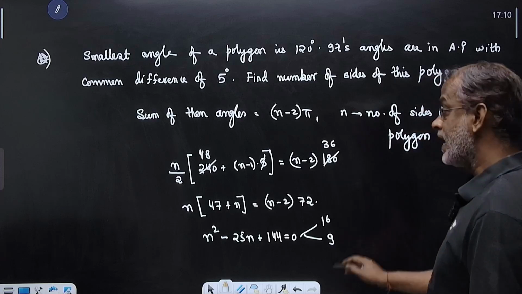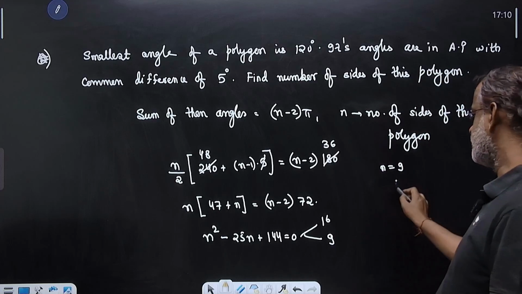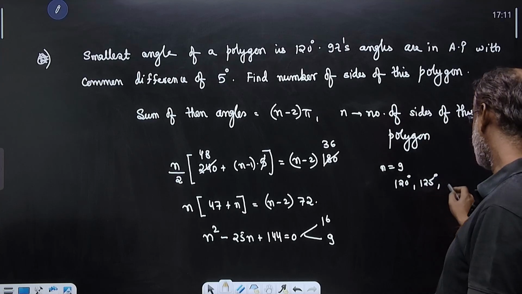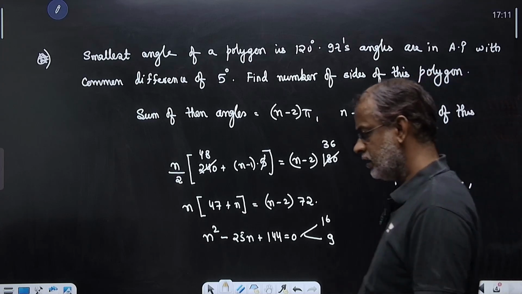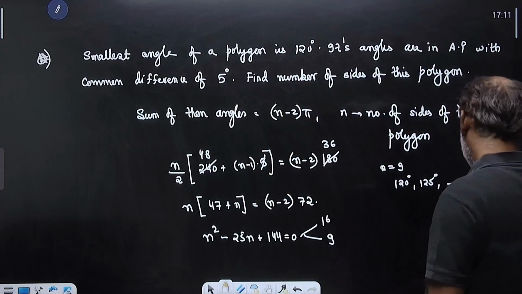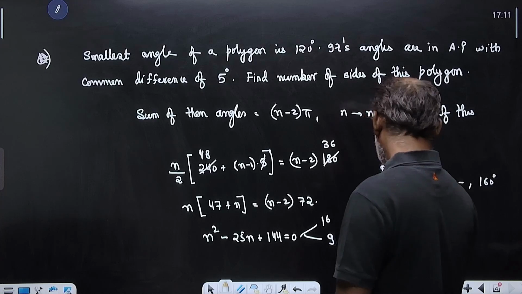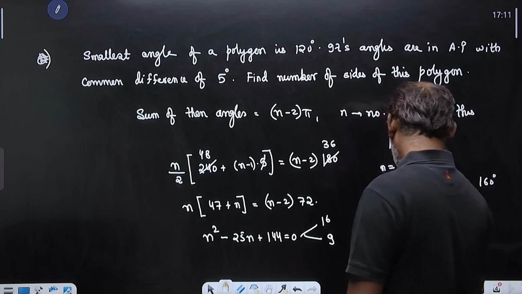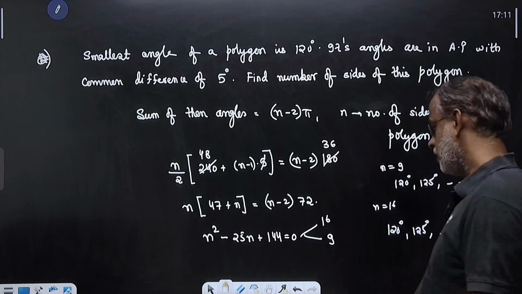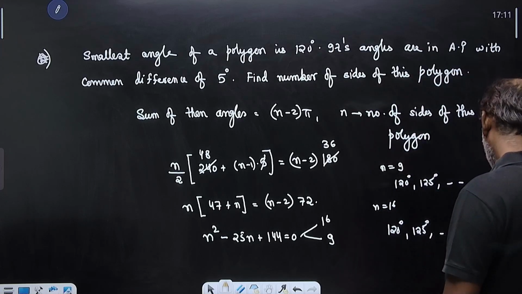Now if n is 9, the angles are 120 degrees, 125 degrees, and what is the largest angle? 120 plus 40, 160 degrees. If n is 16, 120 degrees, 125 degrees, and what will be the largest angle? 15 into 5, 75 plus 120, 195 degrees.